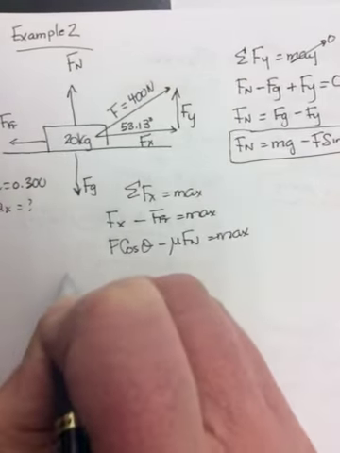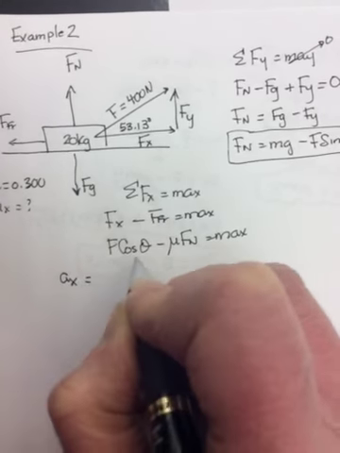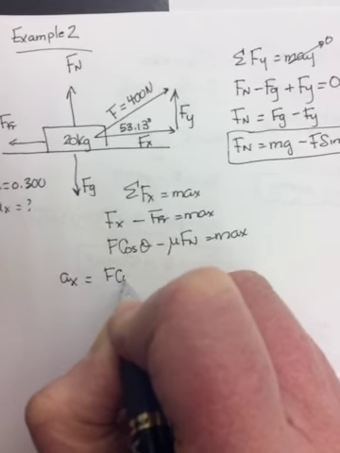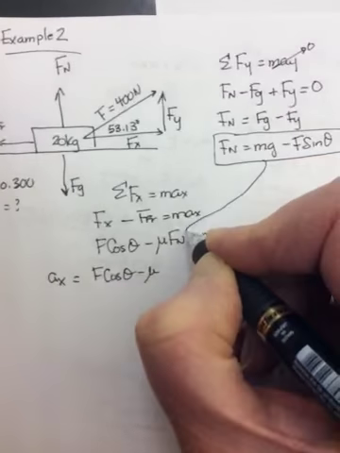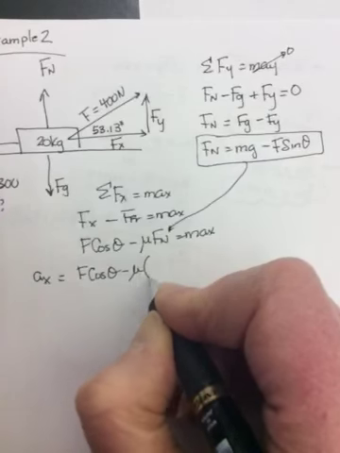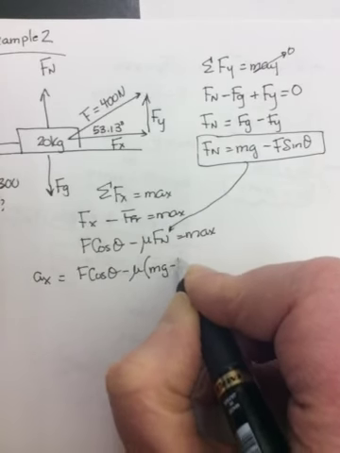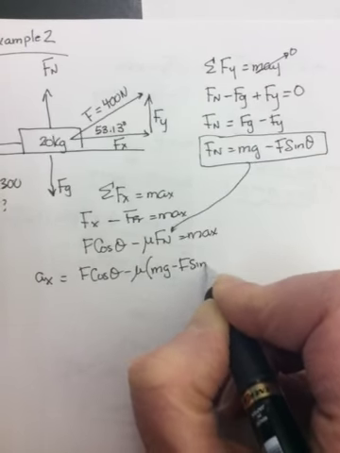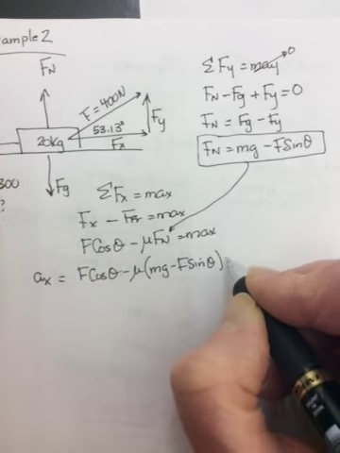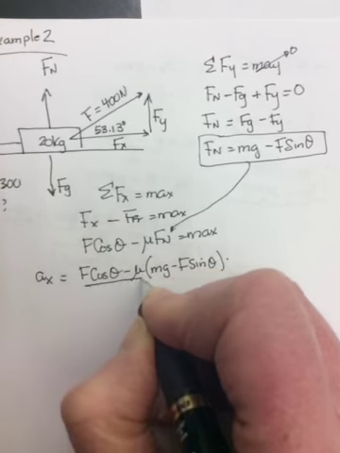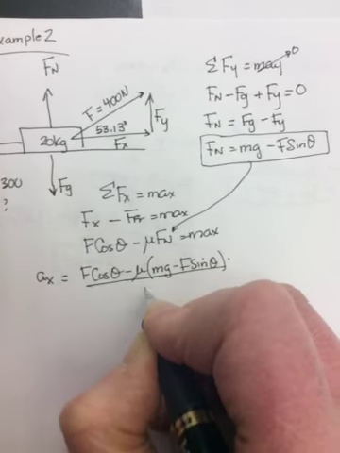We want to get the ax alone, so we're going to divide by the m. And so it'll be F cos theta minus mu, and instead of Fn, I'm going to fill in this bracket mg minus F sine theta. You have to put it in brackets because both of these terms need to be multiplied by the mu. And then we're going to divide by this m to get the a alone.